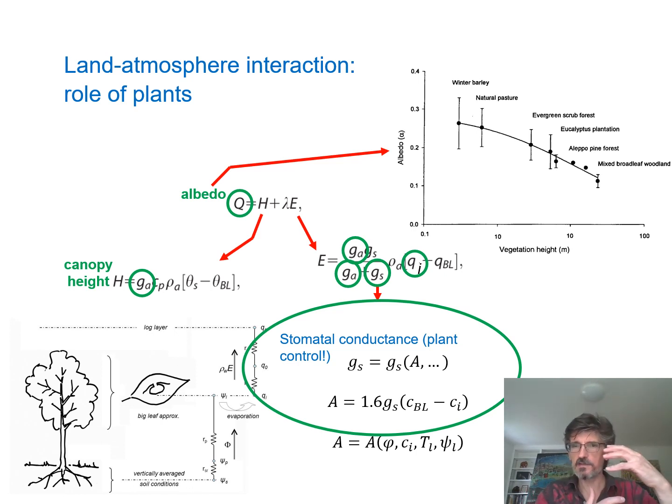So that's a neat way to see the connection from the surface into the atmosphere and how the land interacts with the atmospheric dynamics.